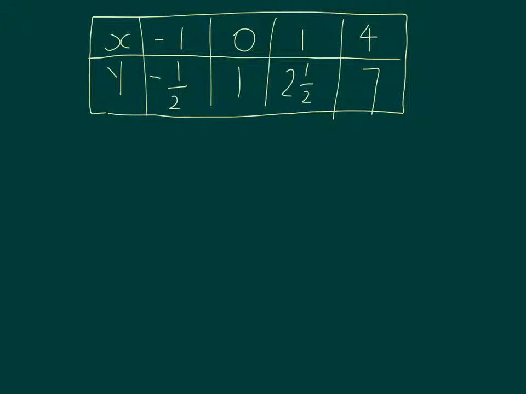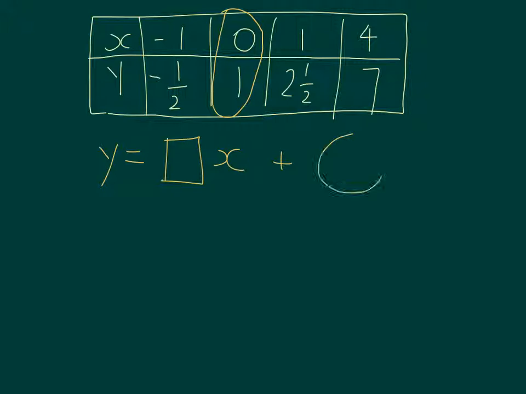Okay, let's look and see about our pattern. Again, I mentioned before that when x is 0, that's important. Here's how our number patterns work. It's going to be y equals something x plus something. I'll give you a hint. Here's how it works.